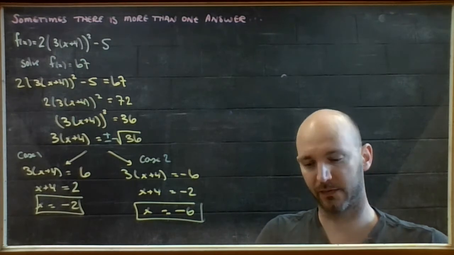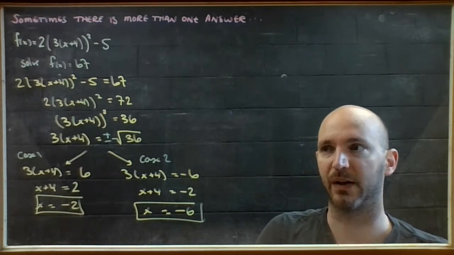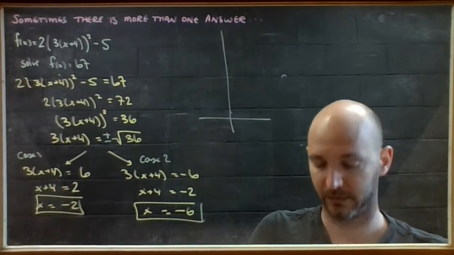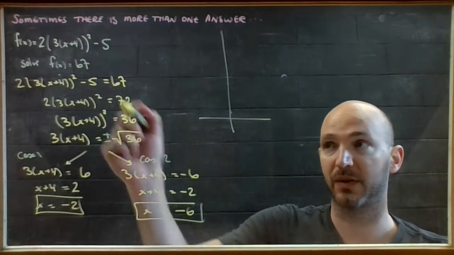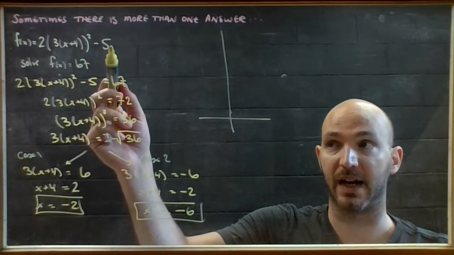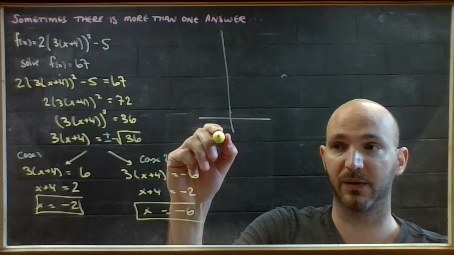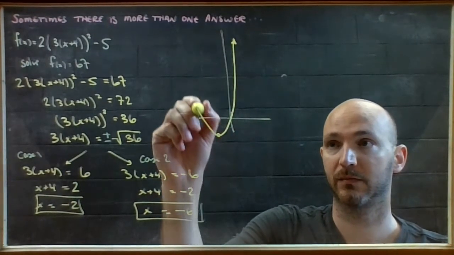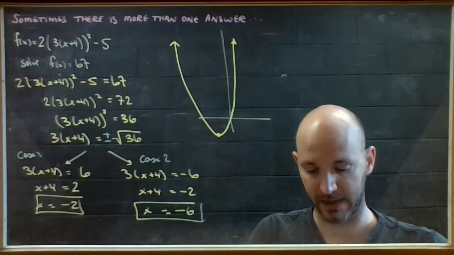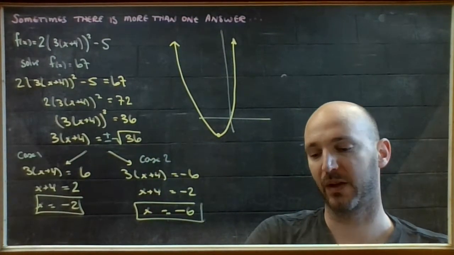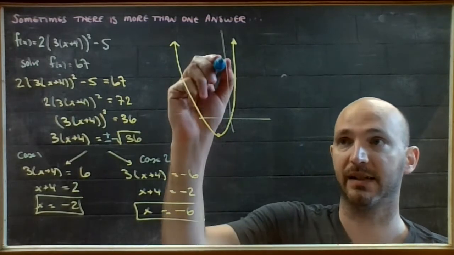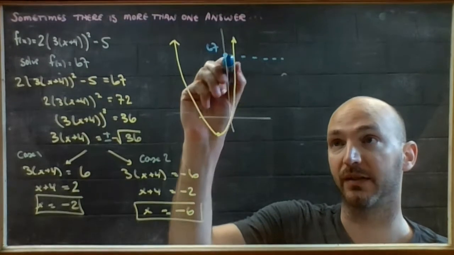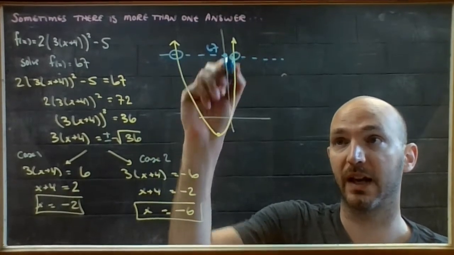So to try and convince you about why that's true, if I were to just quickly sketch this very roughly, you may remember that this is a parabola that has been shifted down 5 and to the left 4, so its vertex is somewhere over here. Looks something like that. And what I've asked the algebra is, when does this thing have a height of 67? Well, if you scan across, there are 2 locations where that happens.